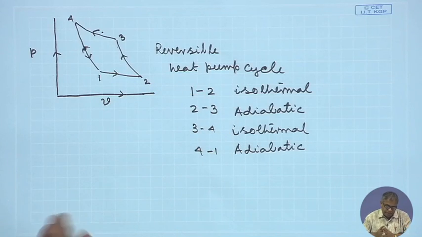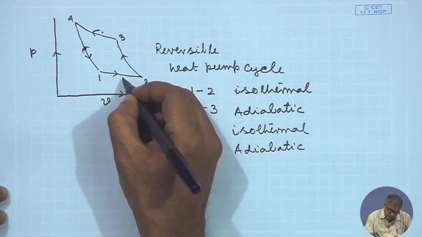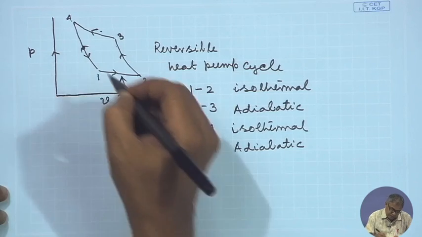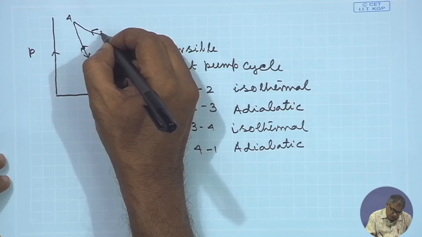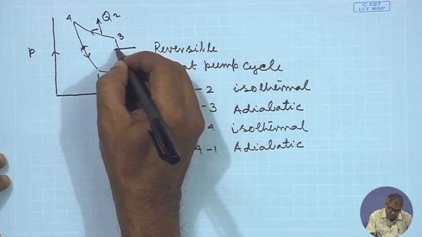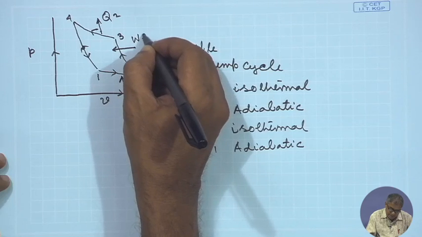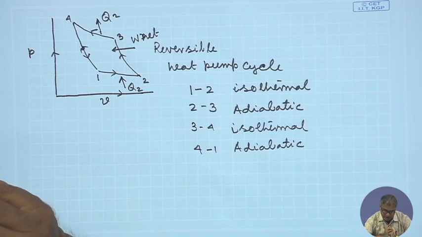And we will have it like this: Q 2 heat is entering, Q 1 heat is going out of the cycle, and some sort of W net is supplied to the cycle. To run the cycle, we have to supply a certain W net.